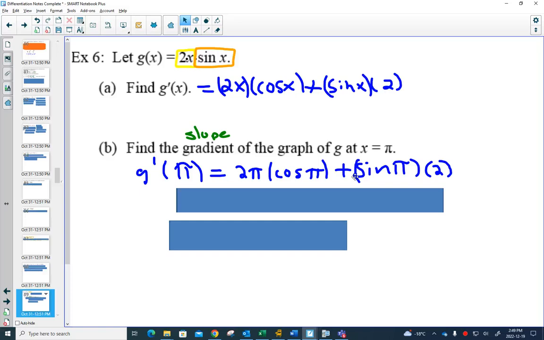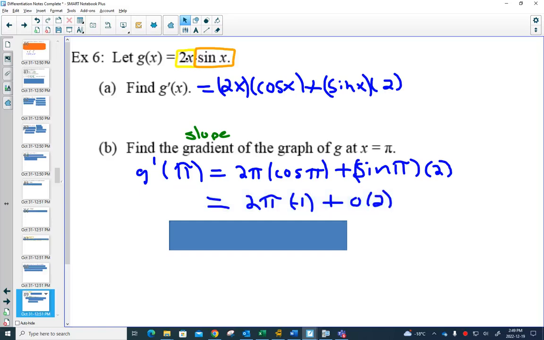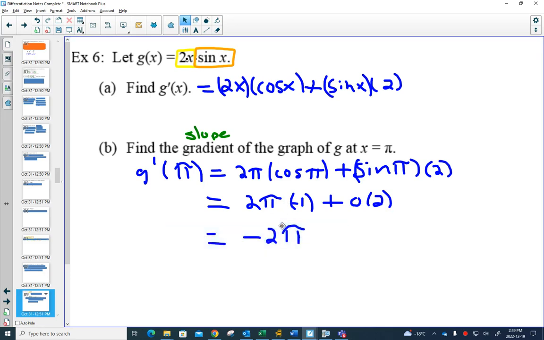Your pi plate, your unit circle. Do you remember what cos of pi is? Sine of pi? Cos of pi happens to be -1. Sine of pi happens to be 0. So we get a slope of -2 pi.